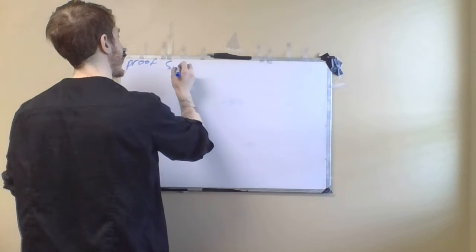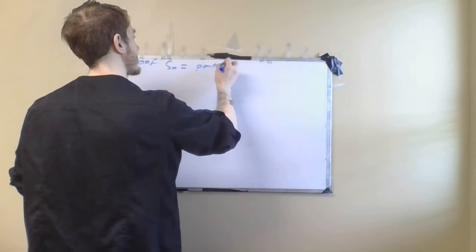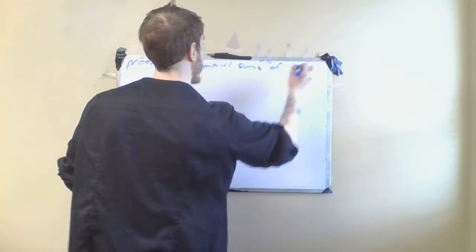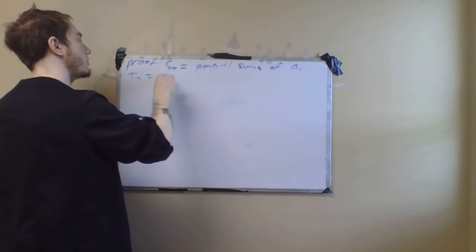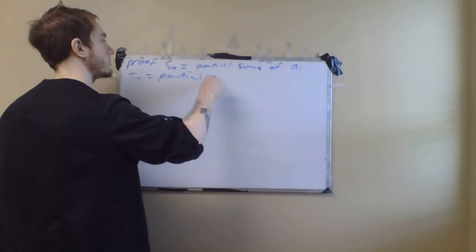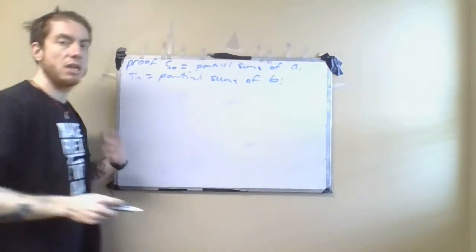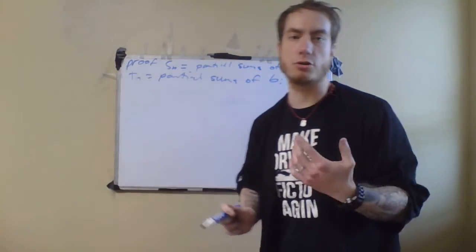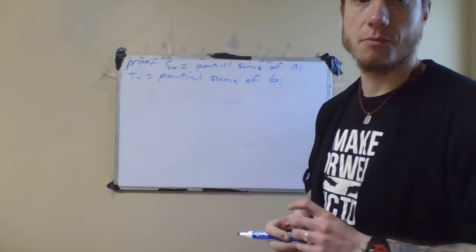So let's let Sn be equal to the partial sums of the a sub i's, and let's let Tn be equal to the partial sums of the b sub i's. So we got to deal with two different sets of partial sums here, sequences of partial sums. So, that is important here.